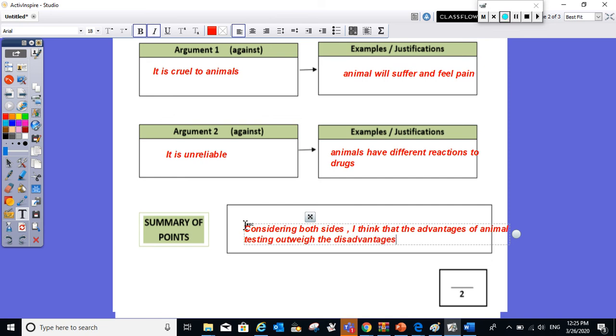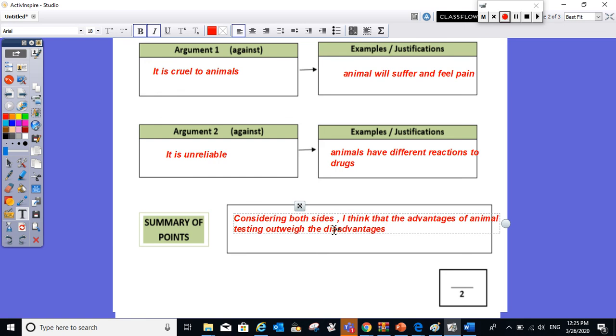The advantages outweigh means are more than. So this is your opinion. It's a personal opinion. You don't have to write this in each essay. It depends on your opinion. When you say that it outweighs the disadvantages, it means the advantages are more than the disadvantages.